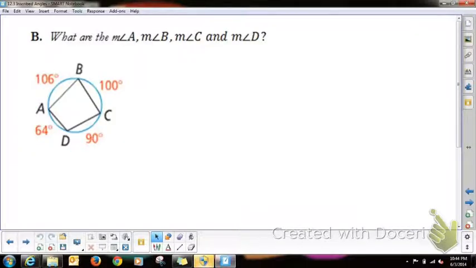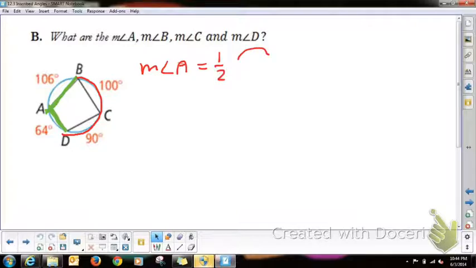So what are the measures of angle A, angle B, angle C, and angle D? There's a lot in this picture, and we've been working on dissecting pictures. So let's take a look at each angle at a time. Angle A is here. So angle A has sides that intercept this circle at this arc, BCD. So the measure of angle A would be 1/2 of arc.